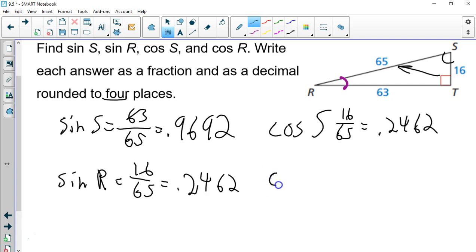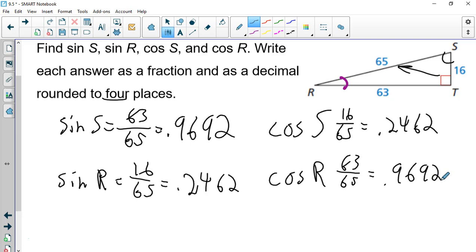And now the cosine of R, well, look at the purple mark. Again, we're doing adjacent, which is 63 over 65, and we already know what that is, 0.9692.